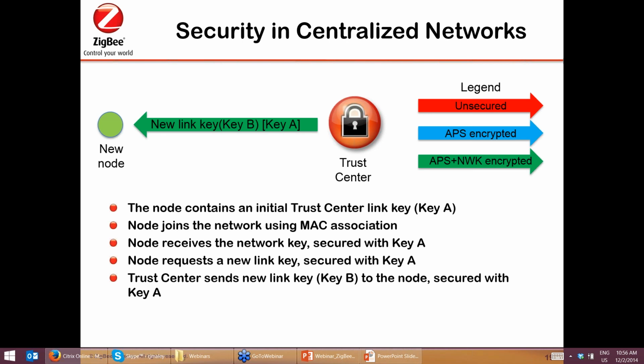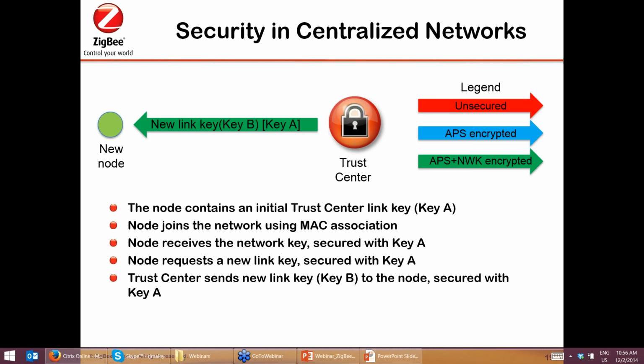So the association is in the clear. The next step, which is transferring the network key, we do use the initial trust center link key. We have a well-known key that we use. And we've used that for some time, and that's why we added this ability to update that key with a unique key that's been generated by the trust center once you're on board.